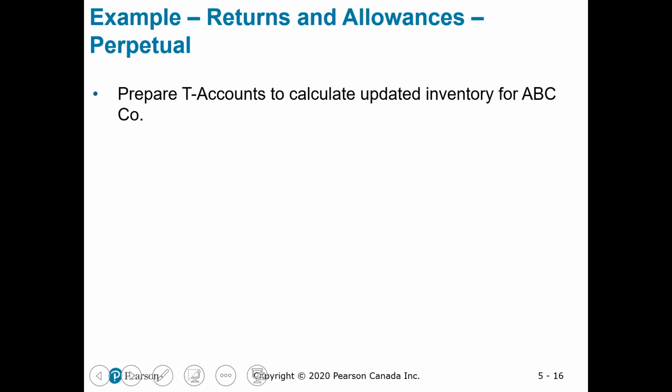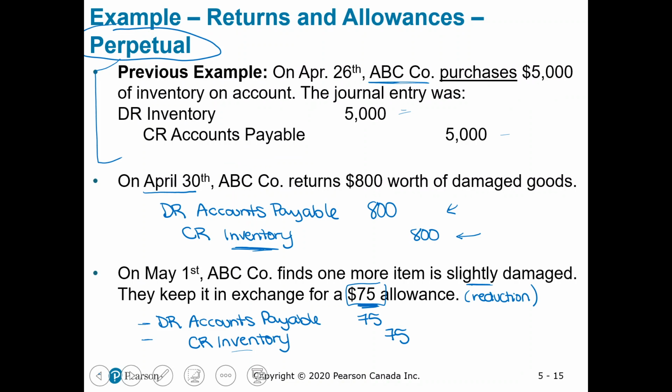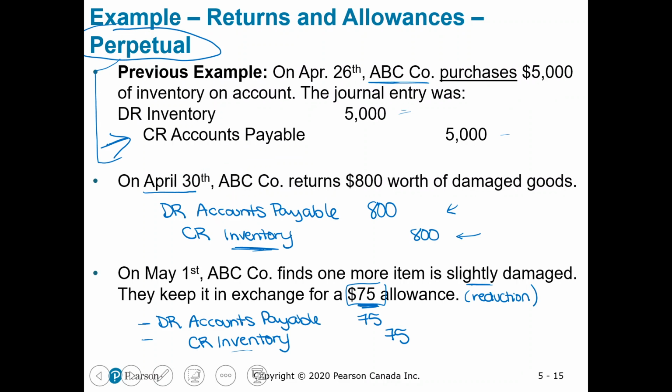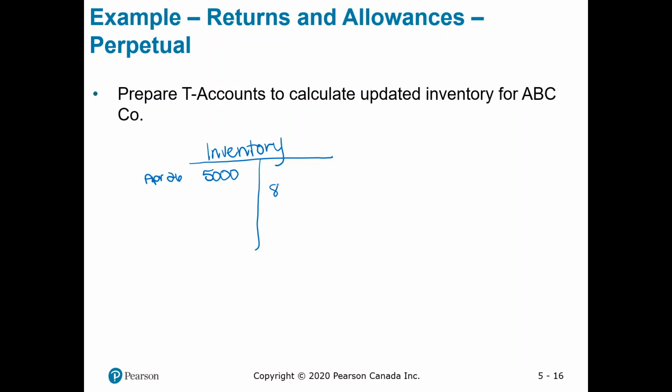So we can quickly prepare a T account here to calculate what is the updated cost of this inventory that we've purchased. The original amount in this purchase entry up here on April 26th, we debited $5,000. So that was the original purchase. Then on the 30th, we returned $800 worth of goods, and that was a credit. This was the return.